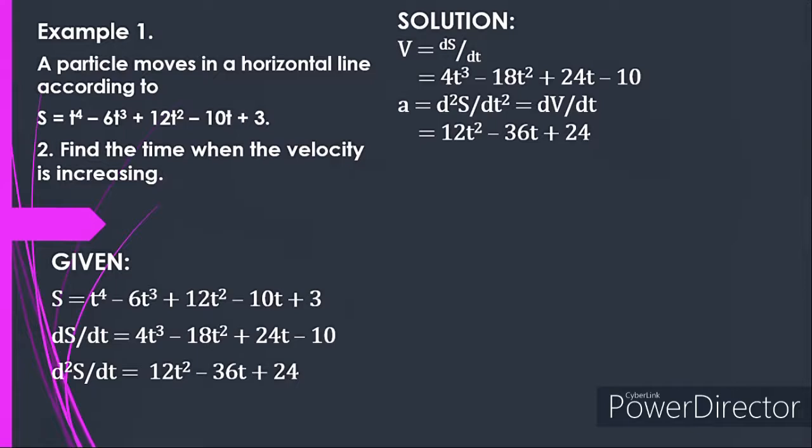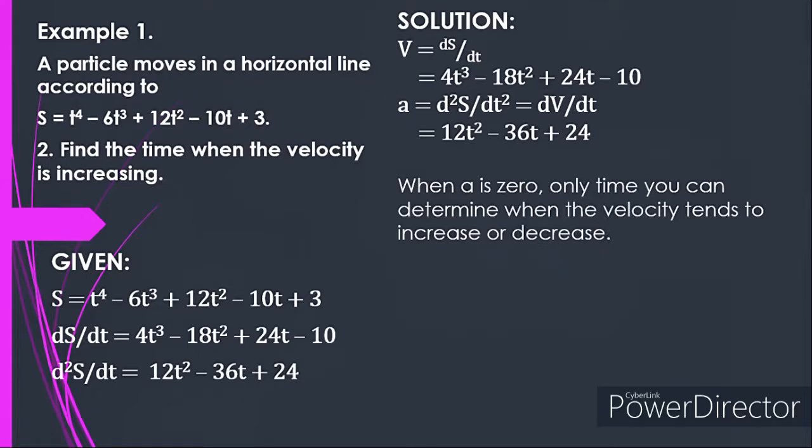Solution. So, ayan. Makita natin, v is equal to ds over dt and a is equal to d squared s over dt squared or equal sa dv over dt. So, when a is 0, it is the only time na madidetermine natin kung ang velocity ba ay tends to increase or tends to decrease.